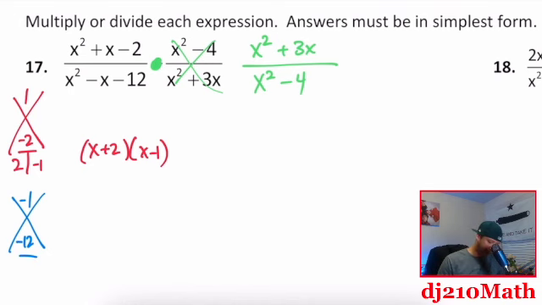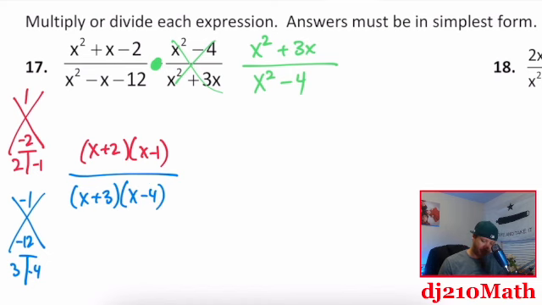When they add up to 1, the numbers have to be consecutive. So 3 and 4. 3 and 4 make 12, but one has to be negative. So -4, the big one, because it needs to add up to -1. So this is going to be over x plus 3, x minus 4, times on top on the right.